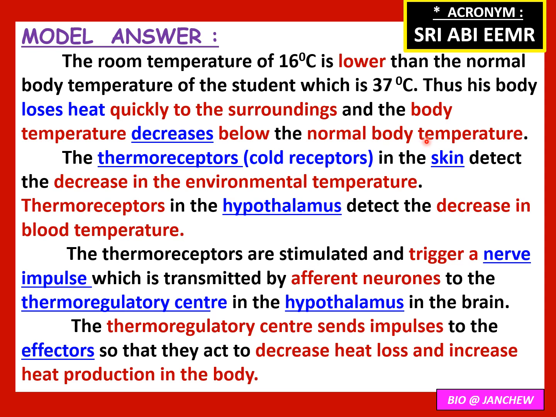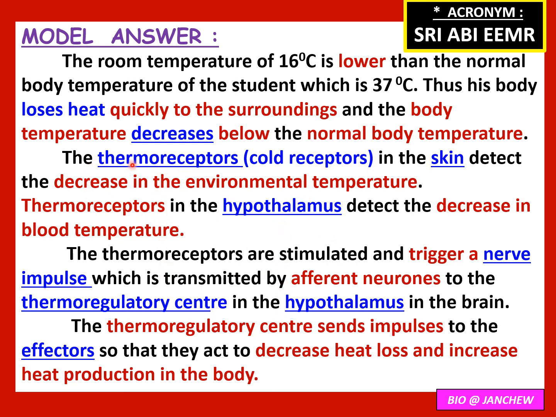So that we can mention and explain the effectors that help to retain the heat and increase the body temperature back to normal. Before that, let's talk about the mechanism, how the receptors detect the changes and then send impulses to the control center and so forth.